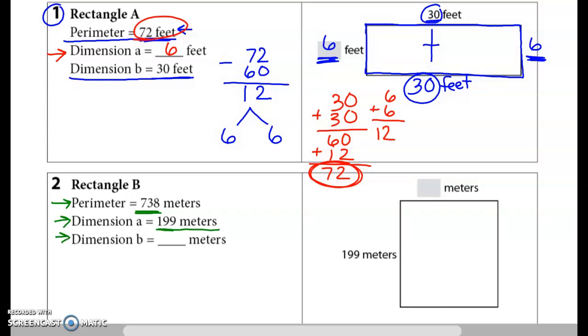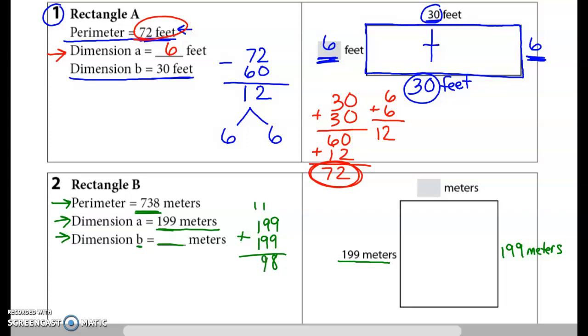We need to determine dimension B. So again, we know this side is 199 meters, which makes this side 199 meters. I can add those values together to see what the sides equal together. 9 plus 9 gives me 18. 9 plus 9 gives me 18. One more will give me 19.